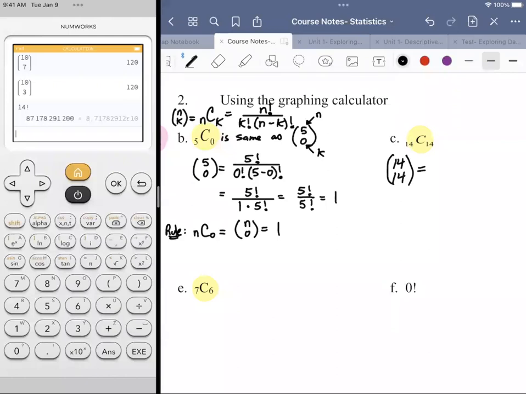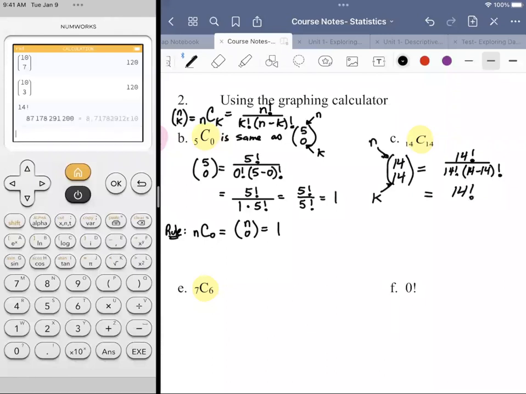So this is my n value, this is my k value. So 14 factorial over 14 factorial times 14 minus 14 factorial. A lot of 14s and a lot of factorials, but it's going to clean up nicely.